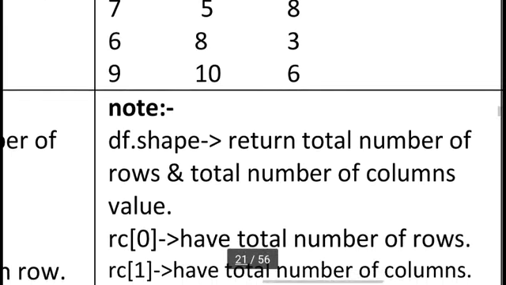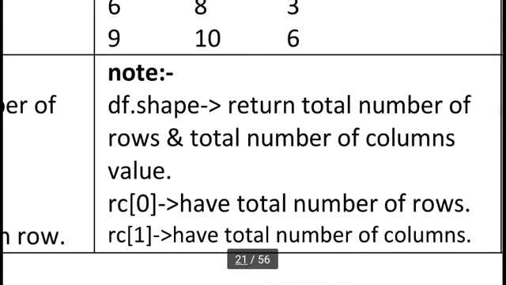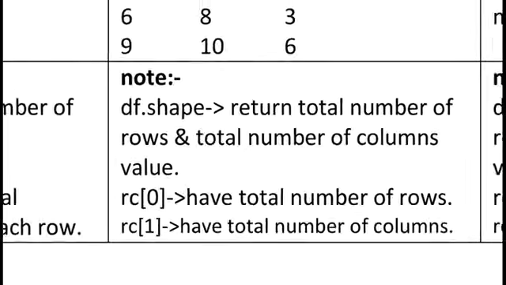I already mentioned df has a total number of rows and total number of columns. So df.shape returns two values. The first value we can access with rc[0], which represents the total number of rows, and the second element holds the total number of columns. So rc[1] we can access.